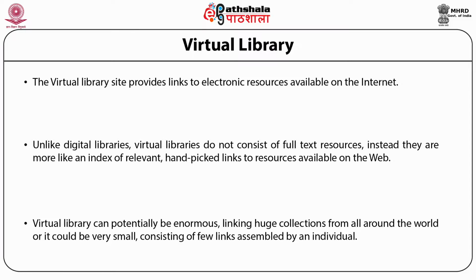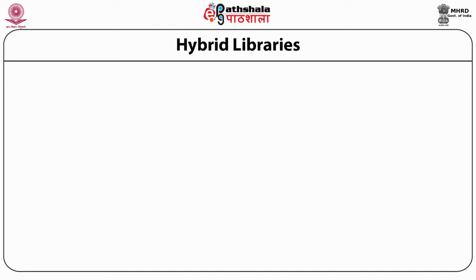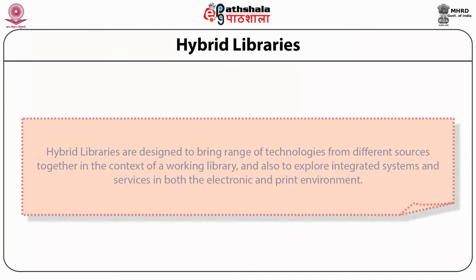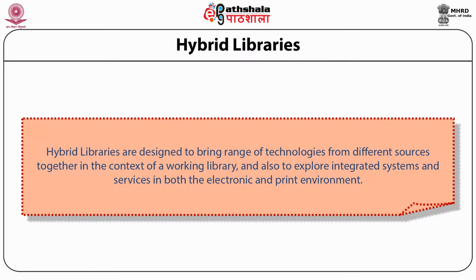Instead, they are more like an index of relevant, handpicked links to resources available on the web. Hybrid libraries are designed to bring range of technologies from different sources together in the context of a working library, and also to explore integrated systems and services in both the electronic and print environment.